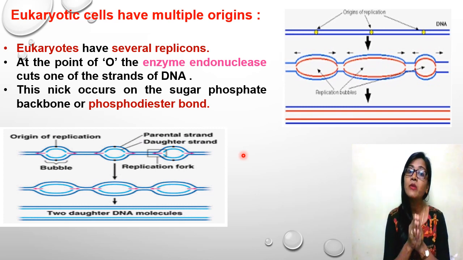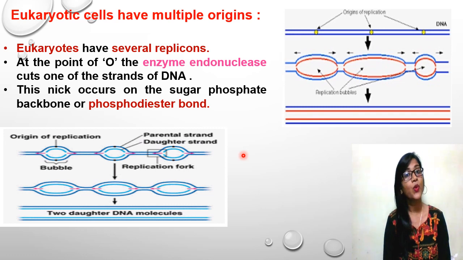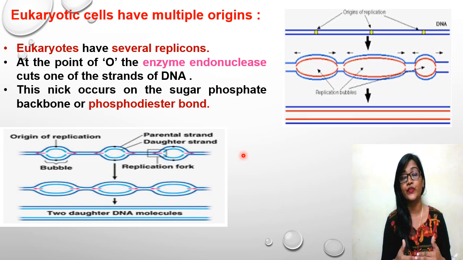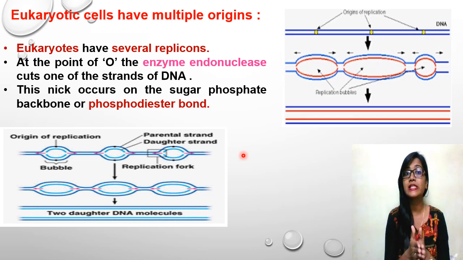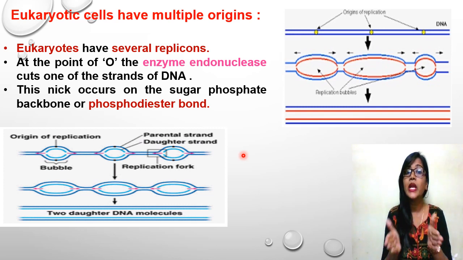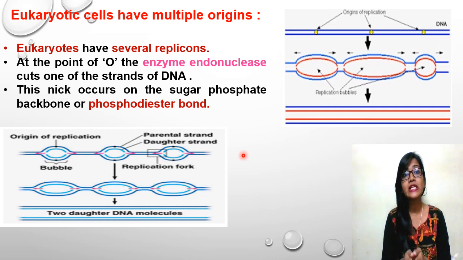Now this name of the enzyme is very important if you are writing this second step, which is given in your book. Endonuclease: endo means inside of the DNA, exo means outside, and nuclease means to cut or to dissolve.